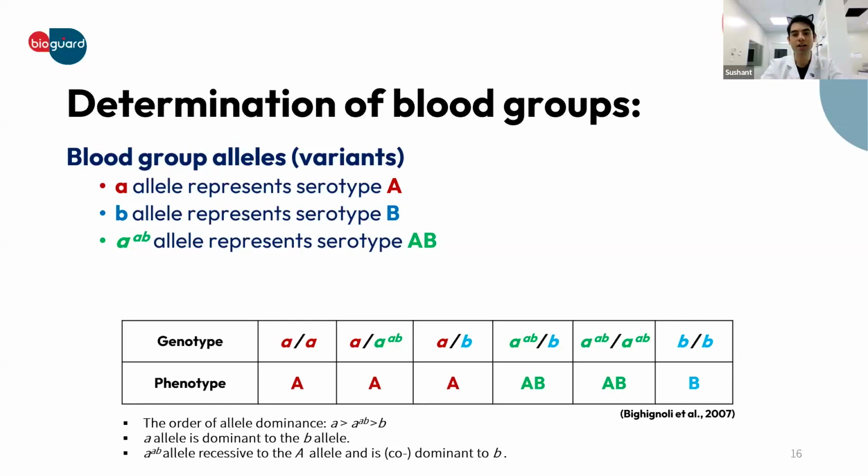Based on this scenario, the phenotypes of the blood groups come into existence in the offspring in cats.